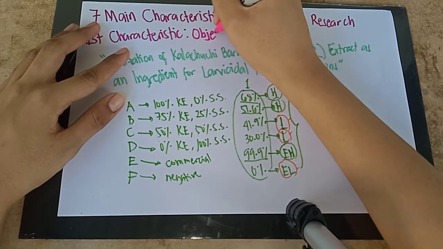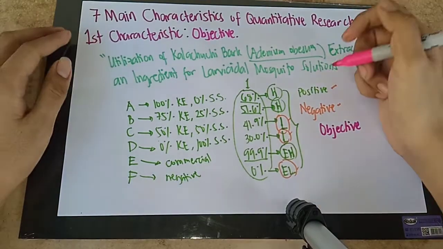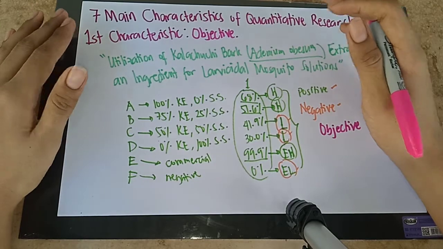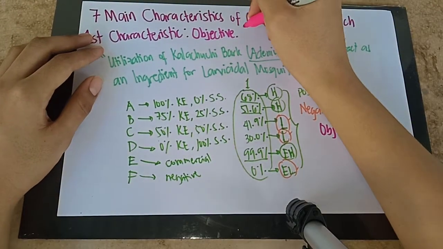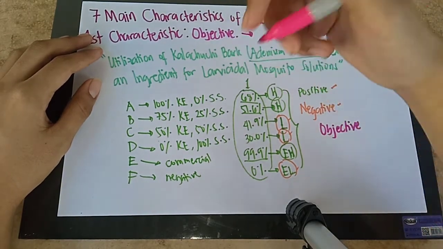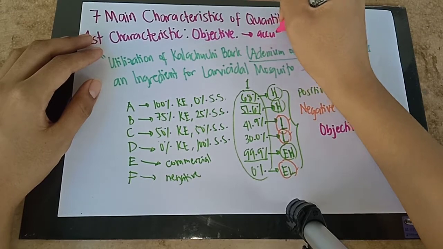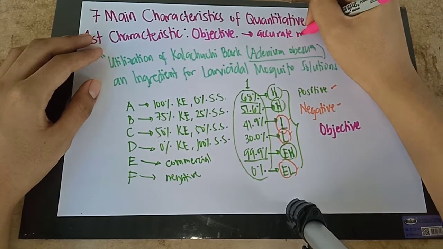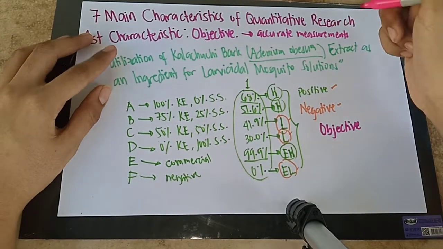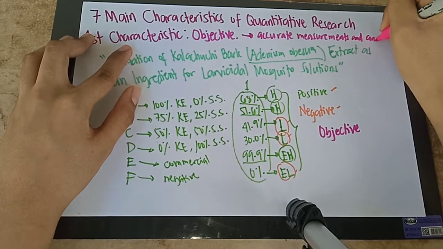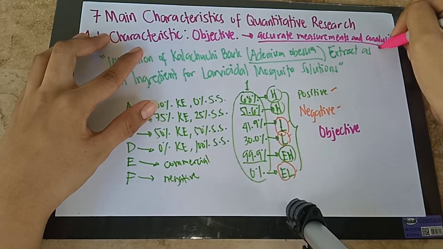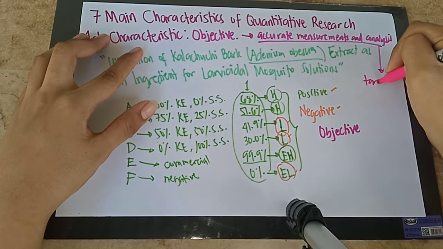Quantitative research is objective. Okay? So, since it is objective, it seeks accurate, valid measurements and analysis of target concepts.